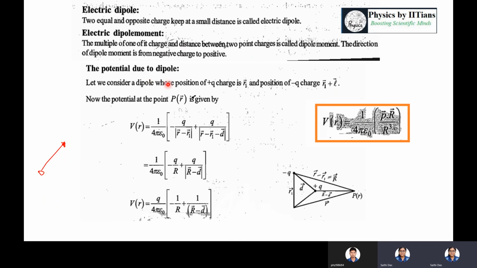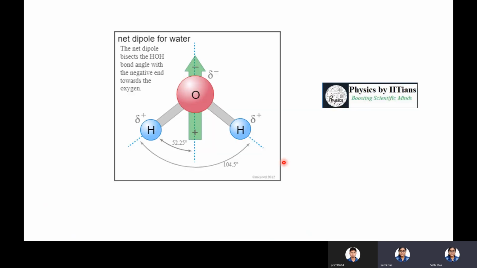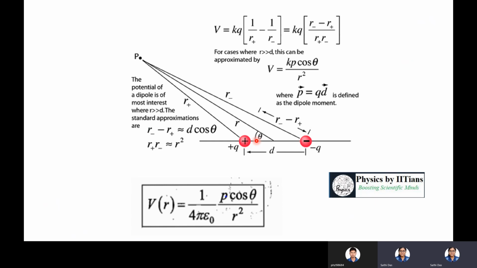Okay. So here, what will be the potential due to the dipole? For potential, just calculate the individual potentials of the individual charges. So look here, the two charges are separated by a distance d, and your point of observation is P, and the distance r to this point is far greater than the separation between the two charges. So d is much less than r.